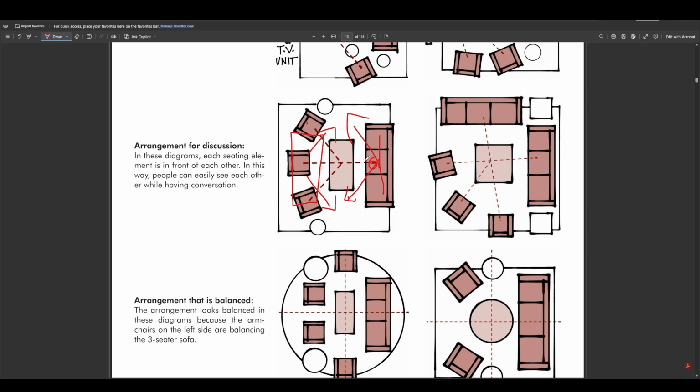They can't focus, so not a very focused conversation. So for this, all can see each other. So this is also an example.